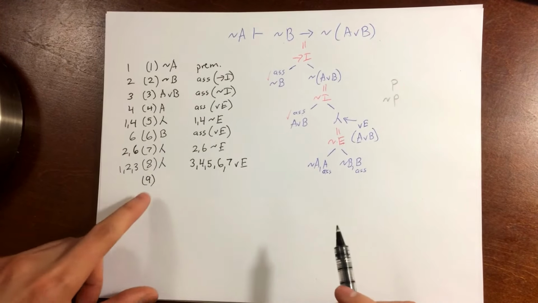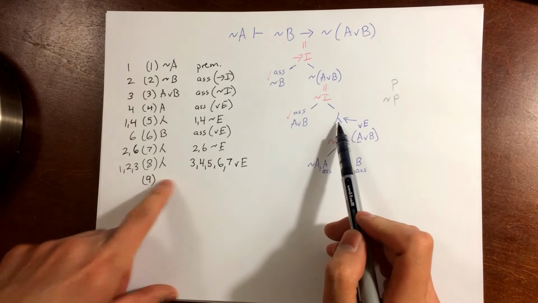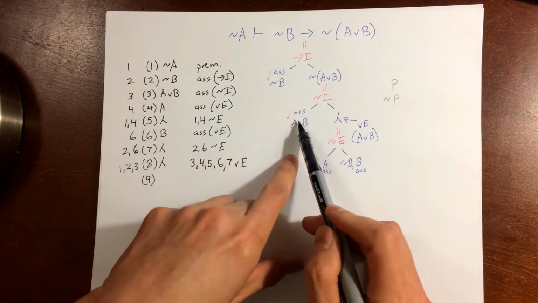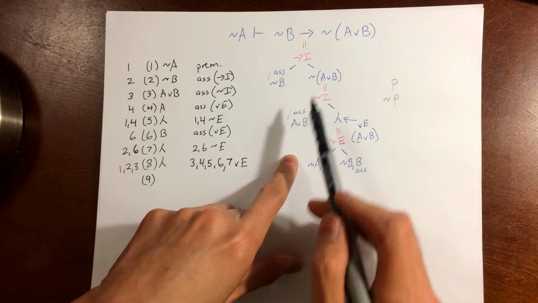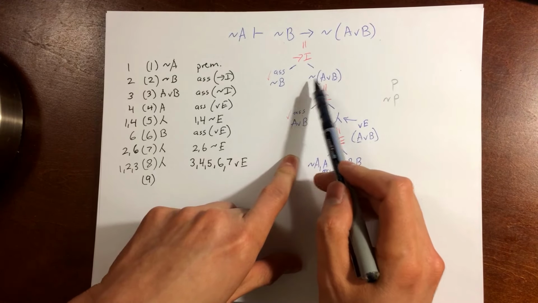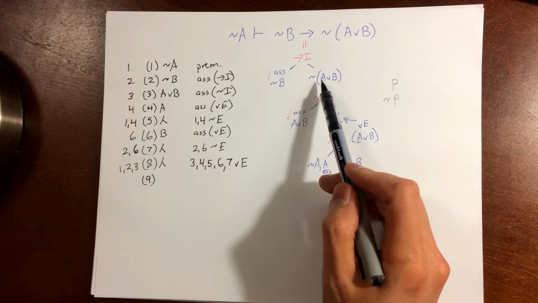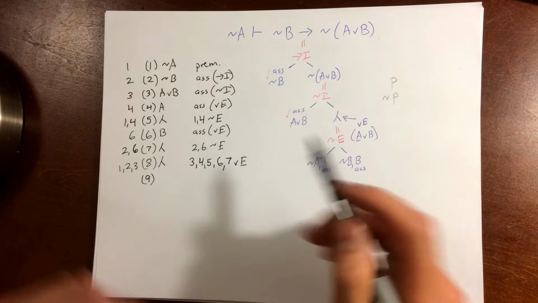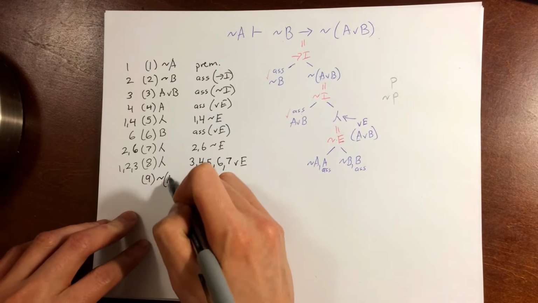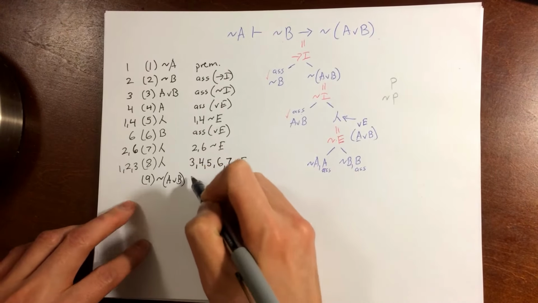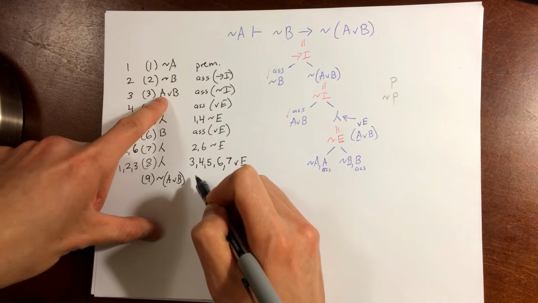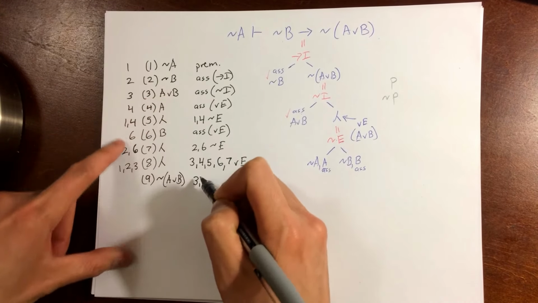Once we get our contradiction, we said we can use that contradiction to negate A or B, which would produce not A or B, from 3 and 8.